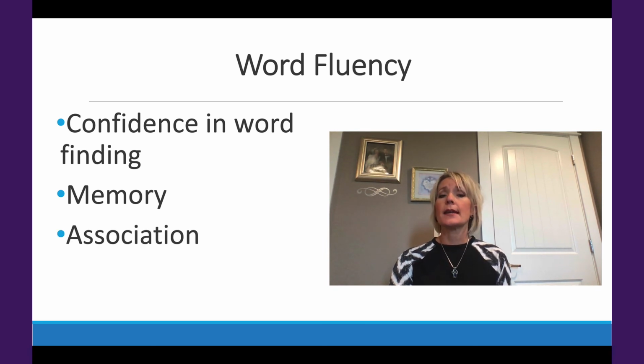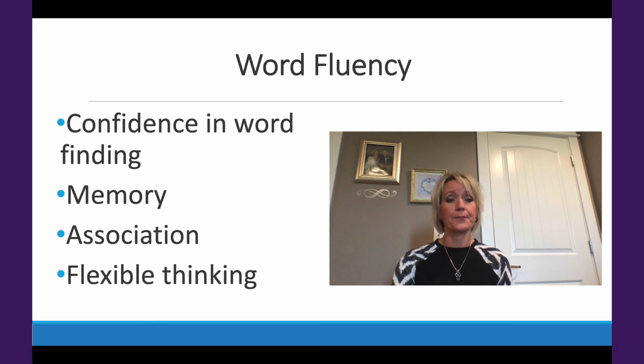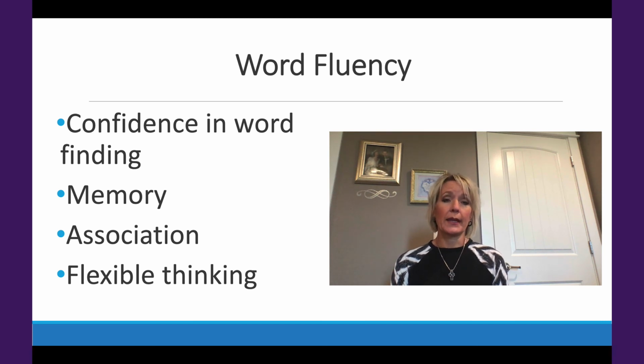Association. Staying with that same concept of the culinary world, we can look at association in word fluency, how one word relates to another word or one concept blends into another concept. When we're able to use word associations, it helps our listener to understand more of what we are communicating. The last thing that word fluency helps us to elicit is flexible thinking.